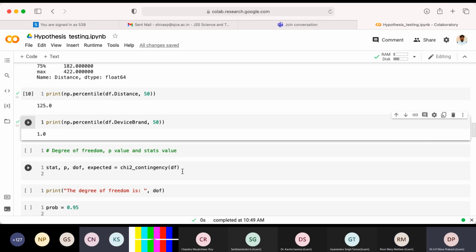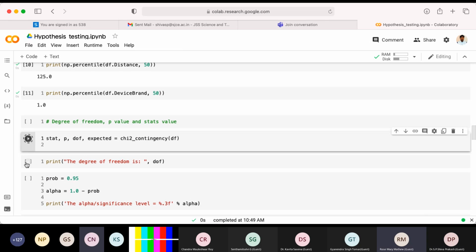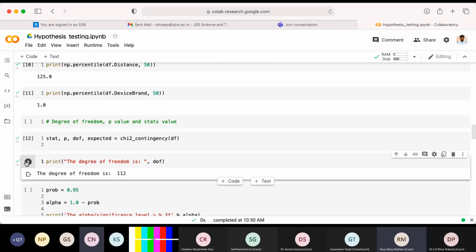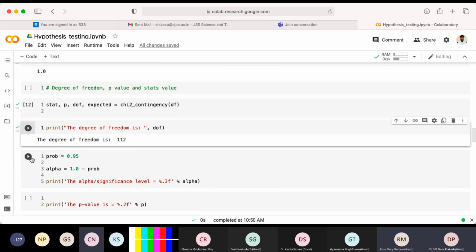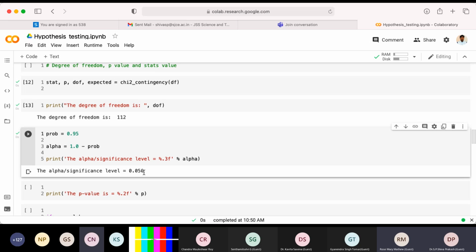So basically, the p-value explains the likelihood of an assumption being true based on the null hypothesis, right? So it will allow us to accept or reject. Here the degree of freedom is 112, and for our sample, the alpha value is around 0.05, I mean the confidence.